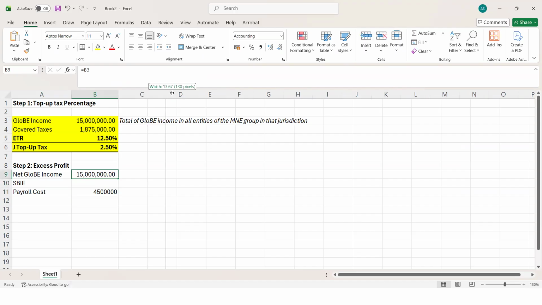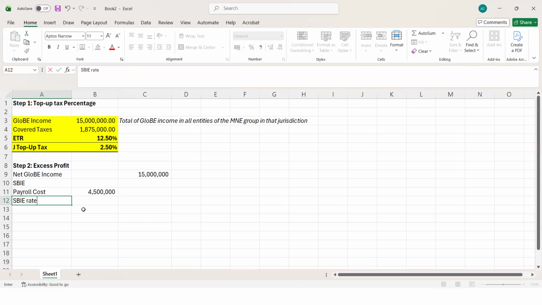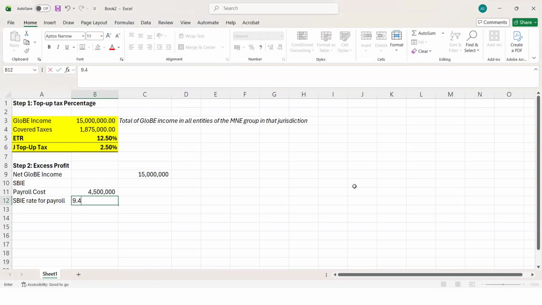Okay, this I will push it here for the time being. And what is the SBIE rate for payroll? SBIE rate for payroll is given as 9.4%. So what is my payroll exclusion?